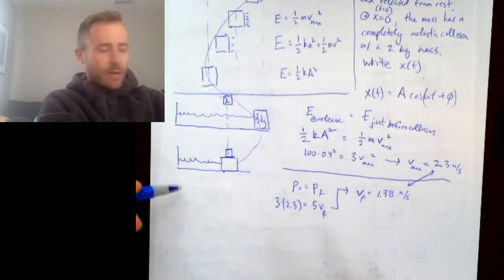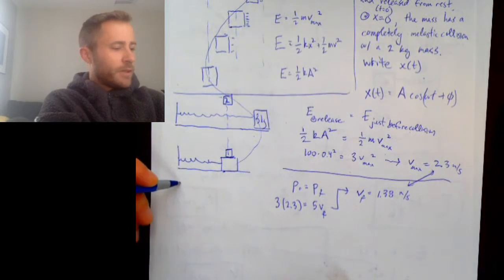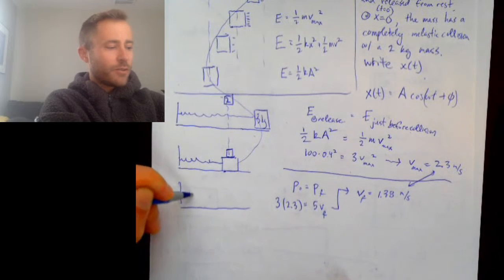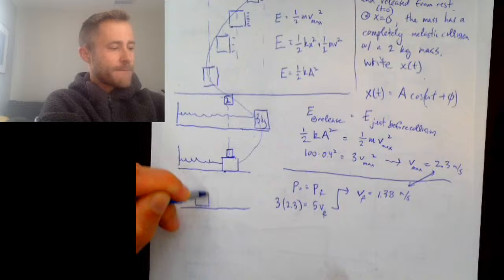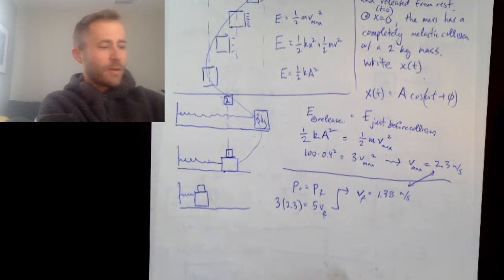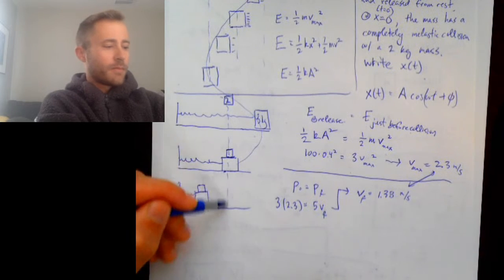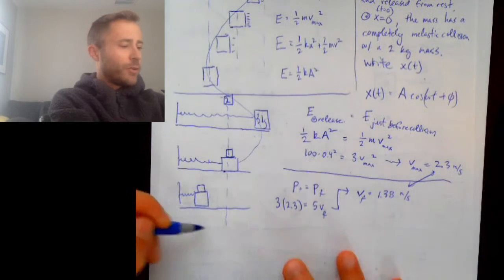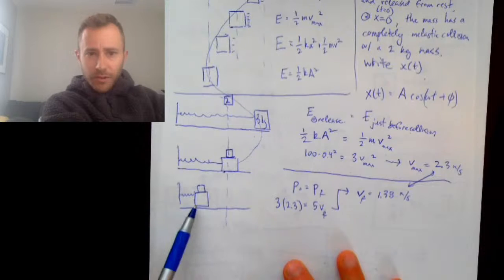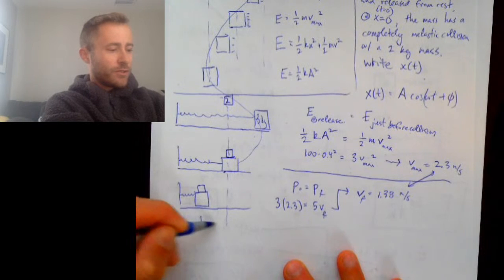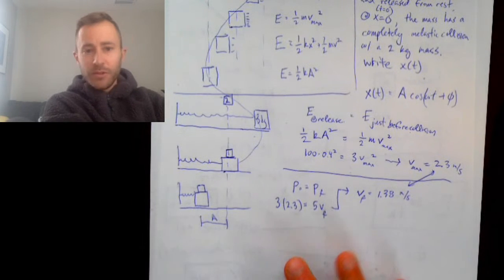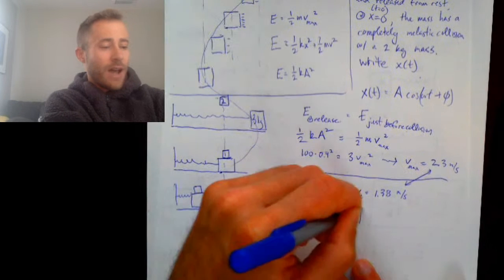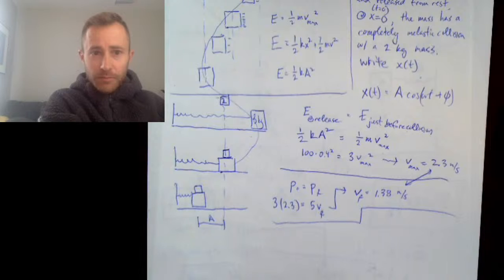All right, so now the pair is going to compress the spring. We want to know how much it compresses it. What is this distance right here? Because that's going to be the amplitude after the collision. Once again, after the collision, energy is conserved.